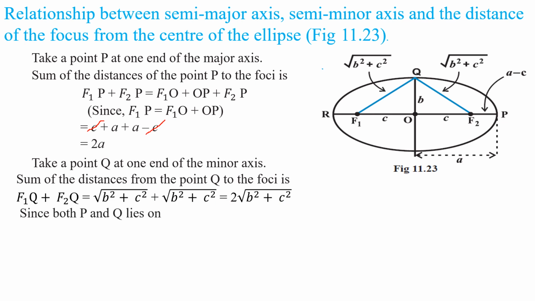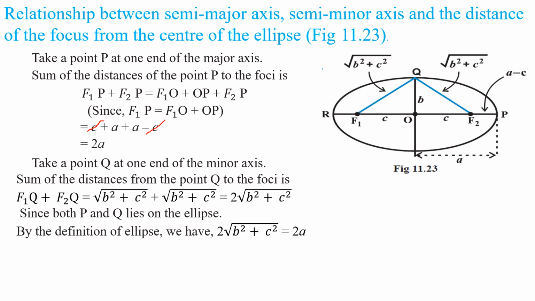Since both P and Q lie on the ellipse, here what are the positions of the points P and Q? Yes, the points P and Q lie on the ellipse. The point P is at one end point of the major axis and the point Q is at one end of the minor axis, so they lie on the ellipse. By the definition of the ellipse, we have 2 root of b square plus c square is equal to 2a.